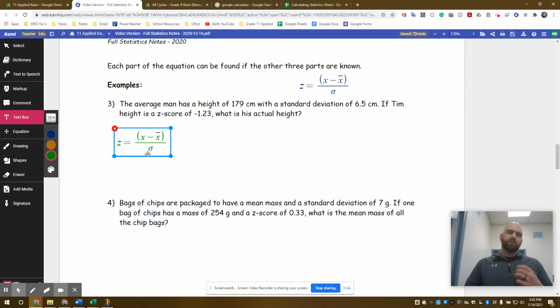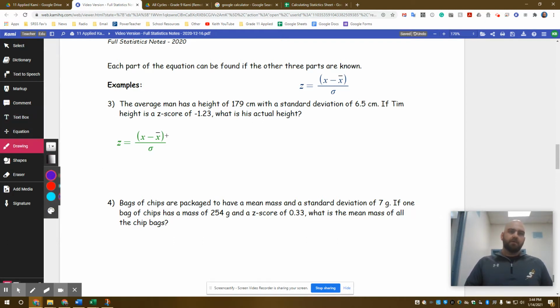The first thing we need to do is multiply both sides by sigma. So we're going to multiply this side by sigma, and we're going to multiply this side by sigma. There you go, should be a sigma, not a 6.